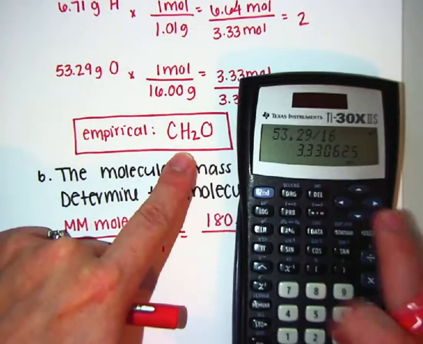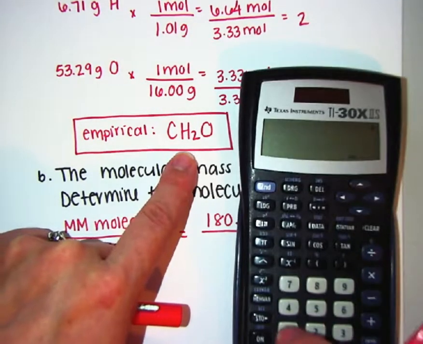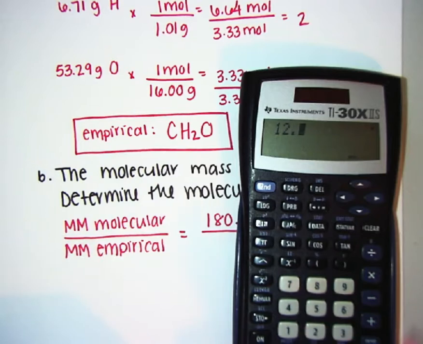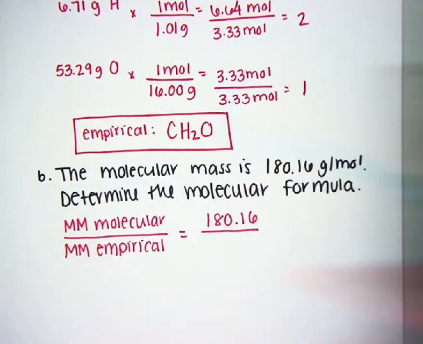I can calculate the molar mass of my empirical. Carbon is 12.01. 2 hydrogens, each with a mass of 1.01, which gives me 2.02, plus oxygen, which is 16, 30.03.